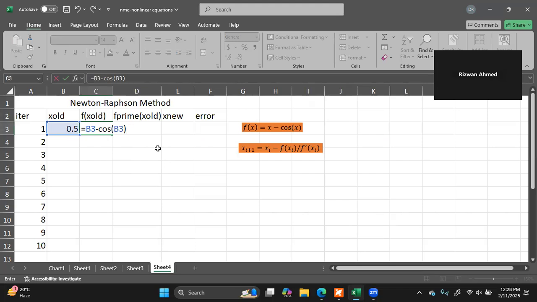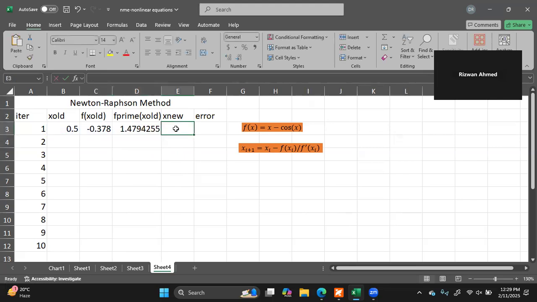So the number you provide as the guess should be interpreted as radian numbers. So this is the function calculation. Then f prime of x, it is 1 plus sine of x. So I compute it as 1 plus the sine function of x.